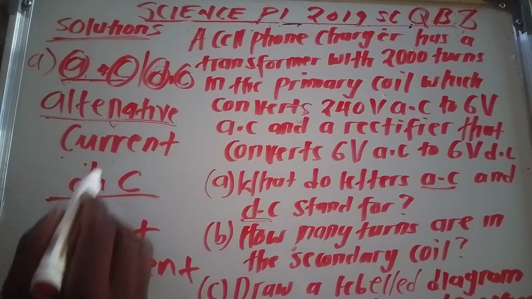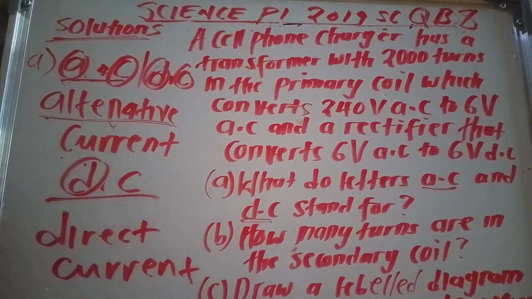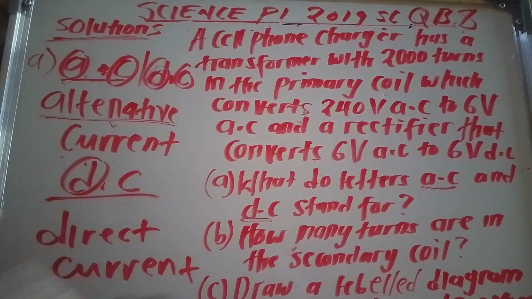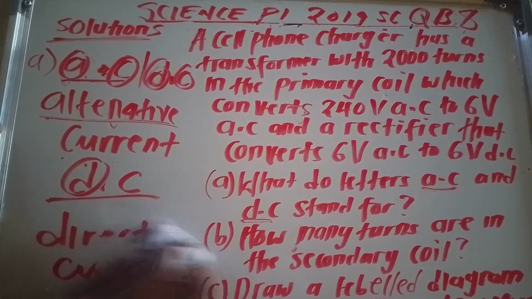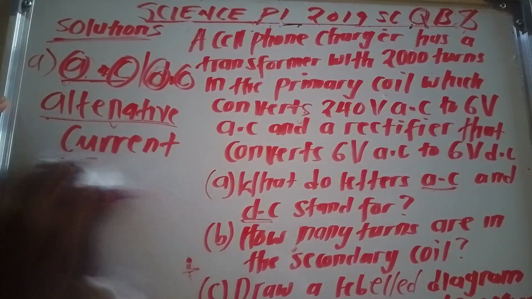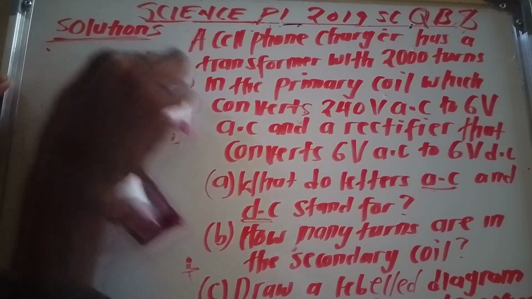But when we talk of DC, we are talking about the current which moves in a specific direction, the direct current which moves directly. So AC is alternating current, DC is direct current. That is the answer for question A. I hope you have gotten the concepts.